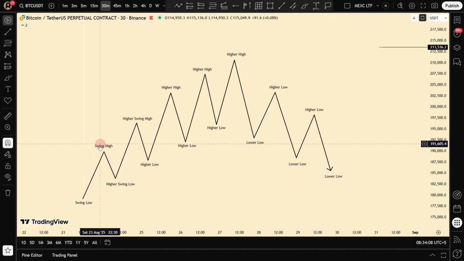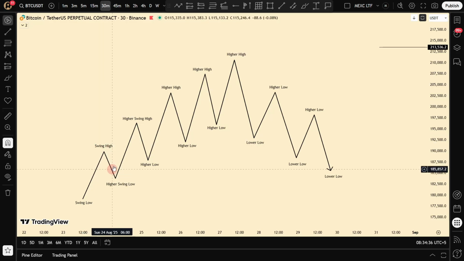We call this a swing high. Swing is basically whatever time frame you are looking at. The highest point will be called the swing high of that leg. It could be 4 hours. So if you're looking at the 4-hour time frame, the highest point on the 4-hour time frame would be your swing high.